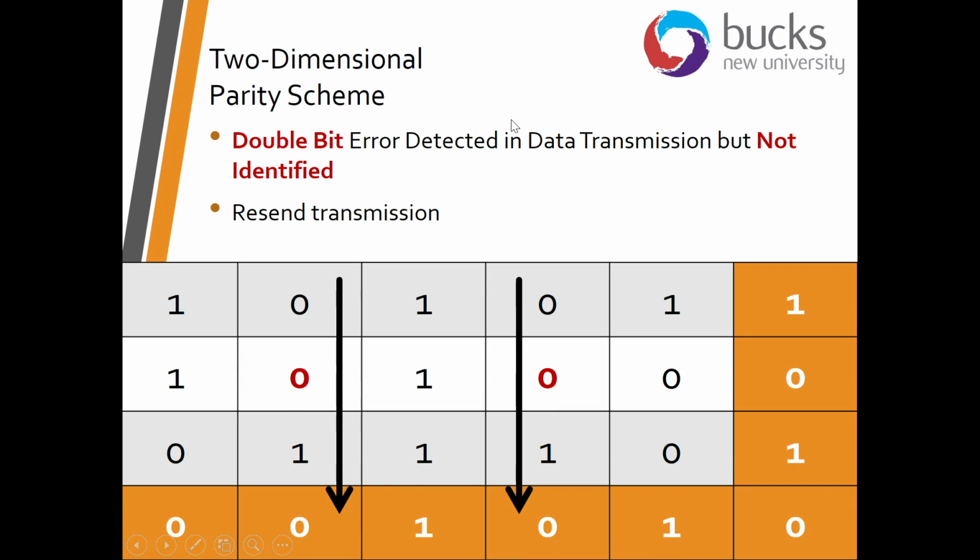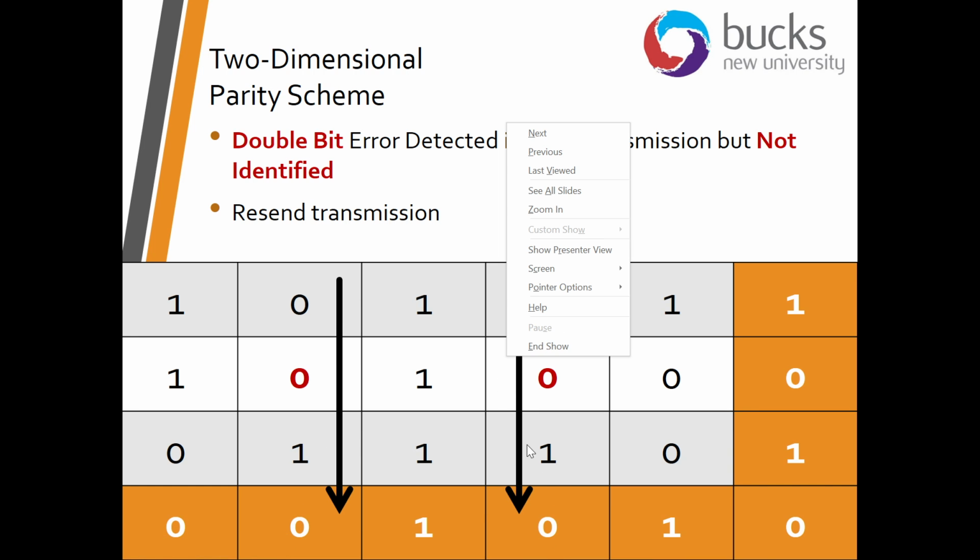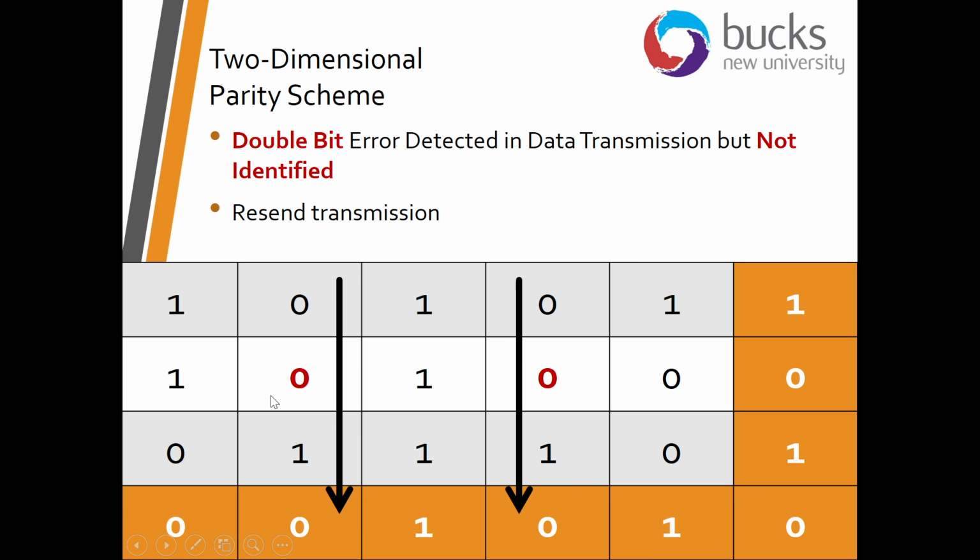With a double bit error in data transmission, we can still detect it, because here we can see that we have the wrong parity bit. We have 0 parity rather than 1 parity, which we should have for these two columns. The rows themselves are correct in terms of parity, but we've got two problems there, so we know we've got an error.